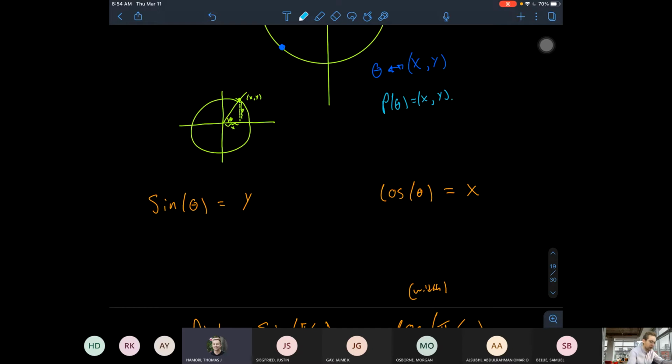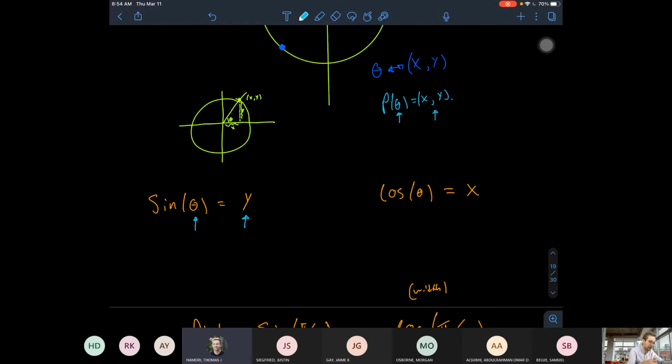And this is sort of not great in terms of a function because it does the following. It takes an input of one number and it gives us an output of two numbers, which is not the best. We'd rather have a function which takes an input of one number and outputs one number. So what we do is we split p of theta into two functions.